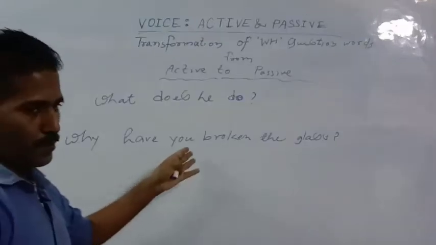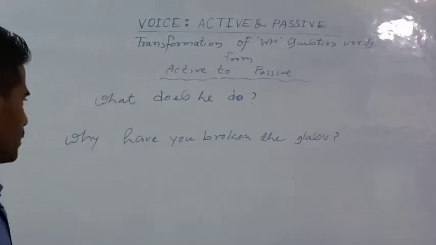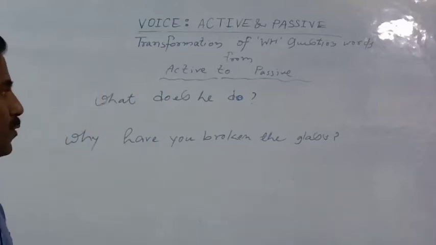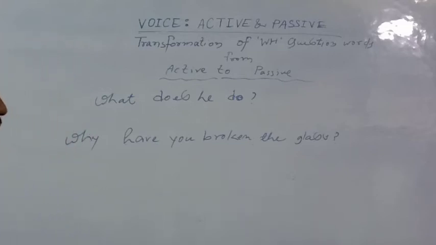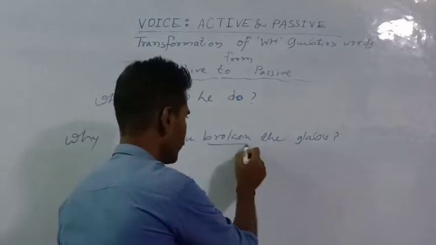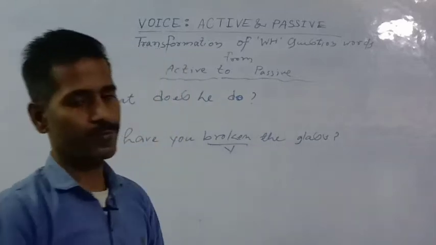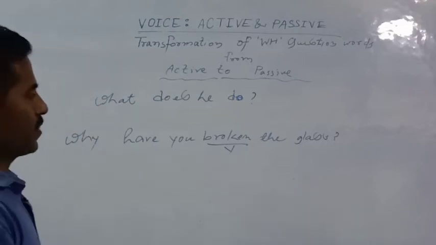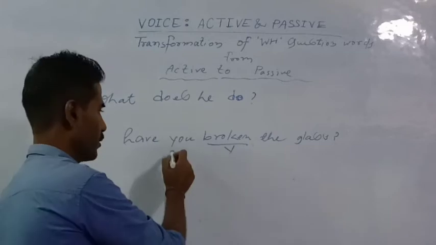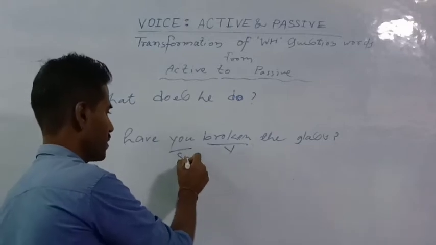Now look at the example sentence on the board. This new sentence we got: "Why have you broken the glass?" Let us find the subject, verb and object. We know "broken" is the verb. Then the subject: we are talking about "you", so "you" is the subject.